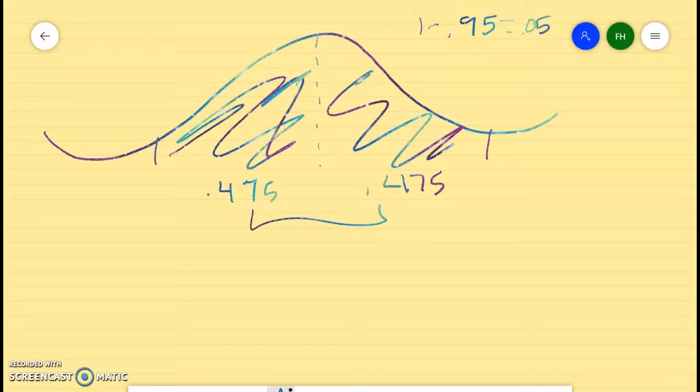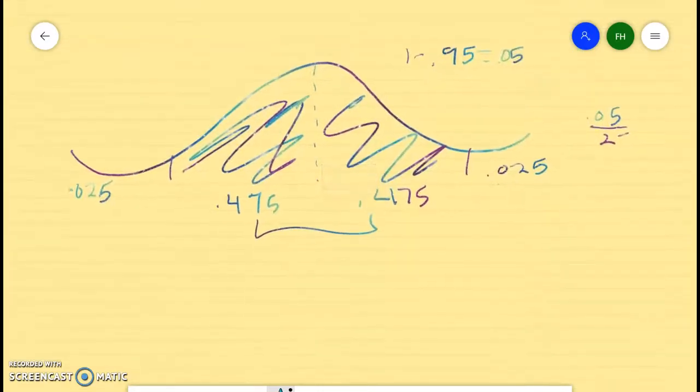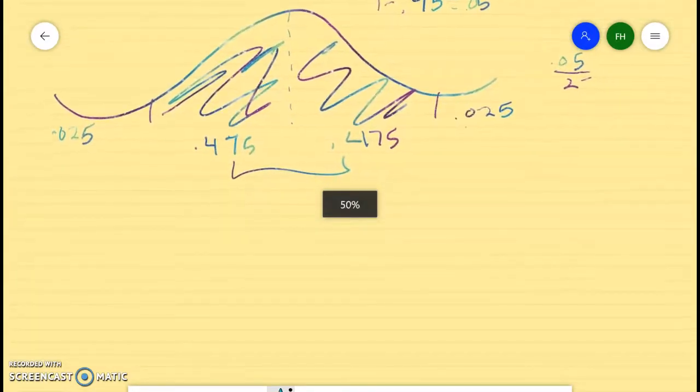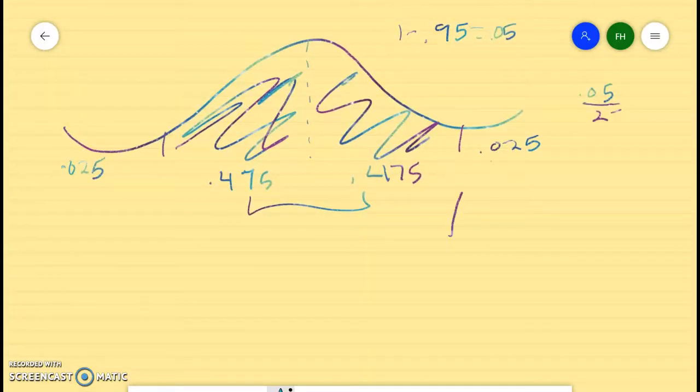So what that means is there's a tail over here and a tail over here. So we have 0.05 left. That would mean there would be 0.025 in this tail and 0.025 in this tail. So the first thing we need to do is figure out the z-score right here up to this point.